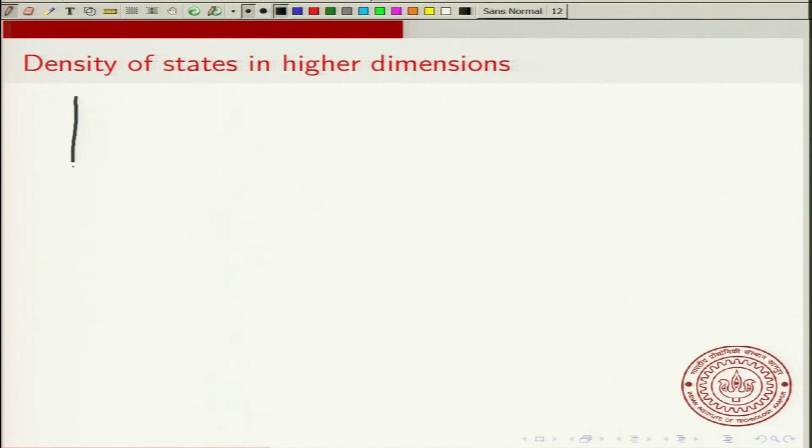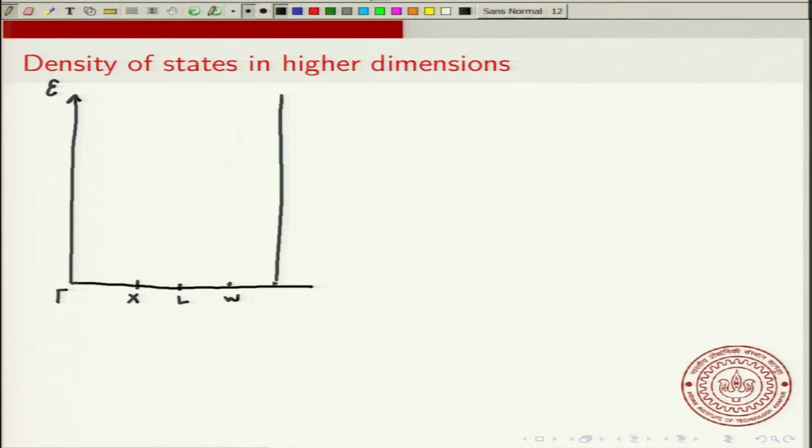In the band structure, if you look at the E versus k band structure, then, as we had already seen in higher dimensions, you have this whole path from gamma to X to L to W and again to some other point. So you have a path in K space.